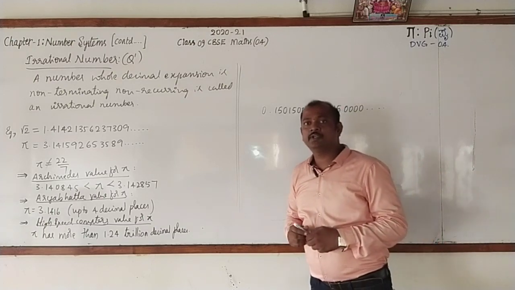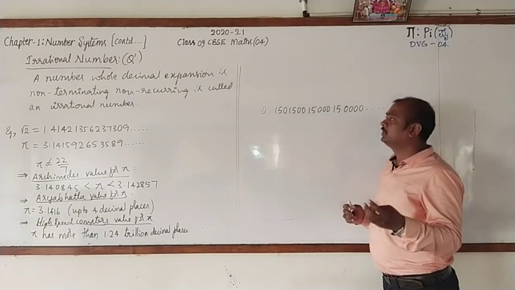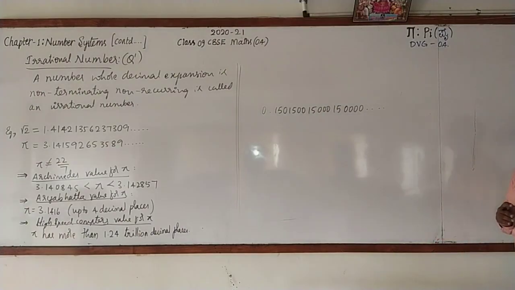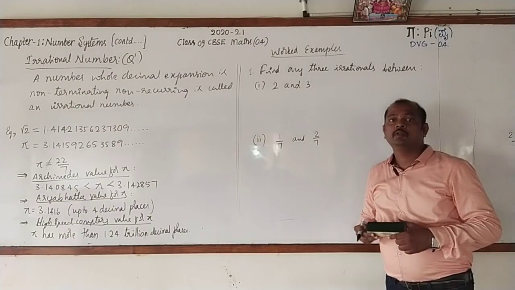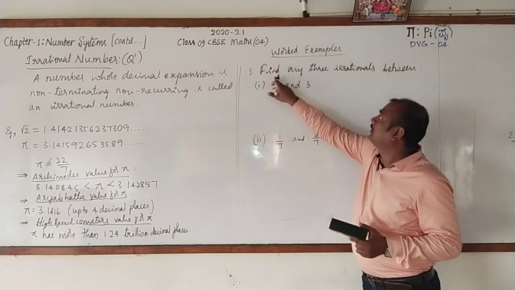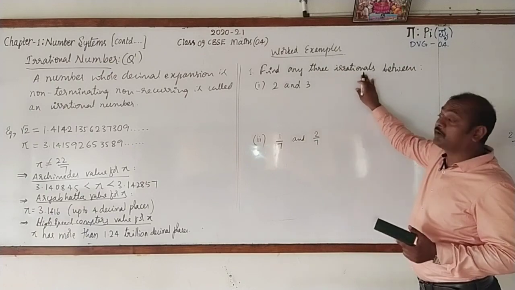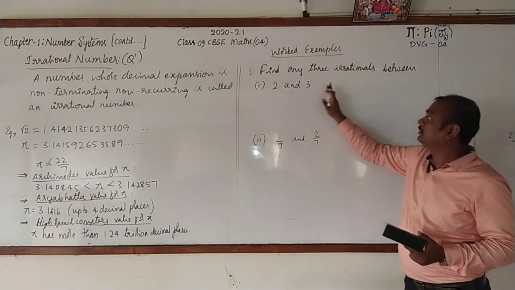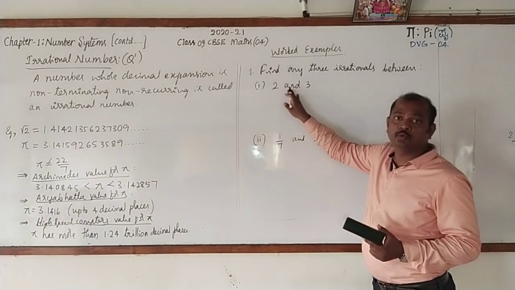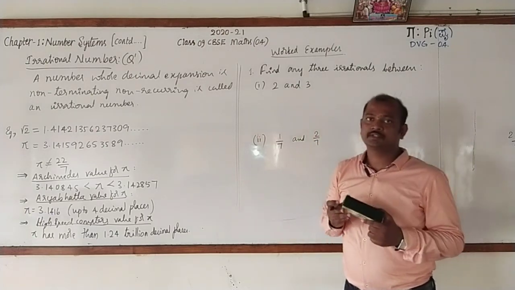Now let us take some of the examples that are given in the textbook. Yes, right. Here, observe the first one. Find any three irrationals between 2 and 3. 2 and 3 are rationals.